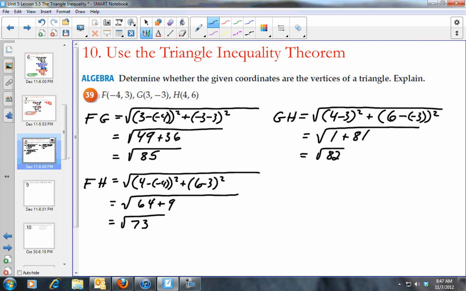All right. Now, the hardest part of this, adding square roots, you don't just add the numbers underneath, okay? The square root of 5 plus the square root of 6 is not the square root of 11. It doesn't work that way. So, we're probably going to want a calculator.